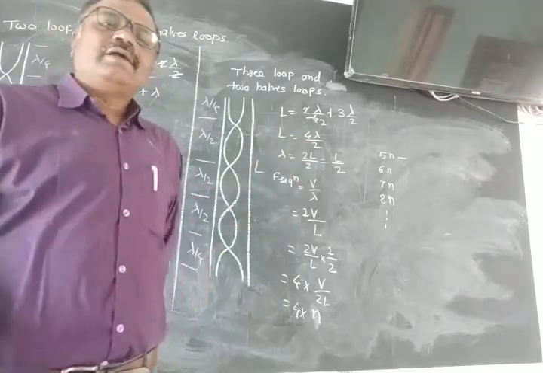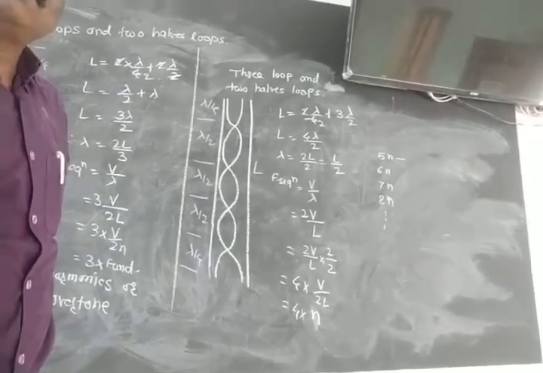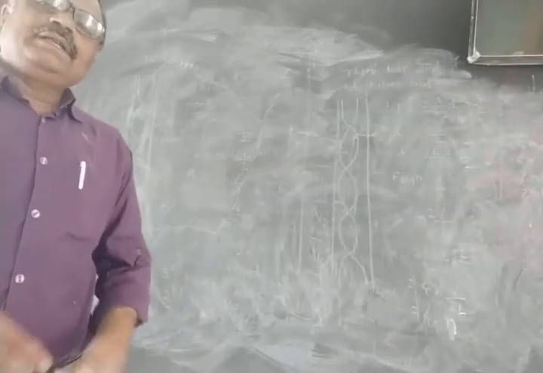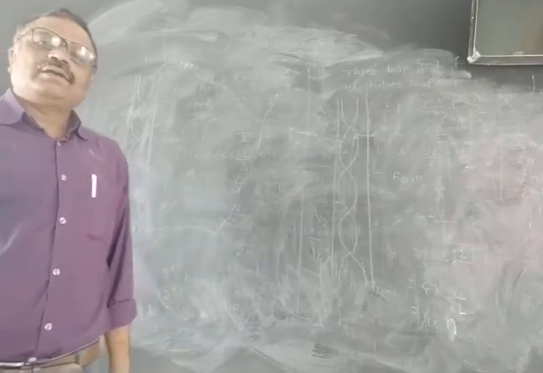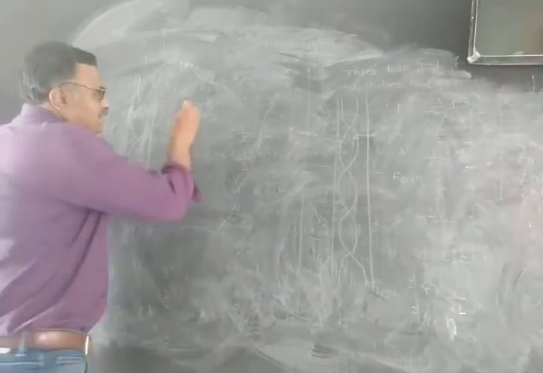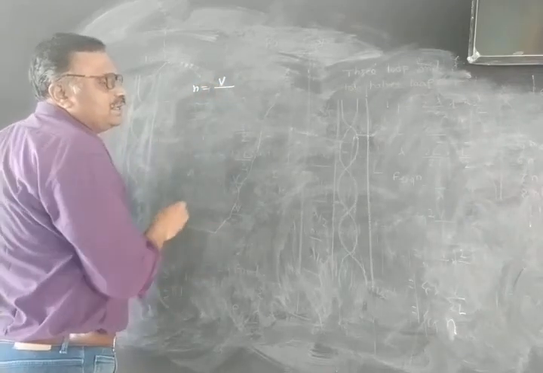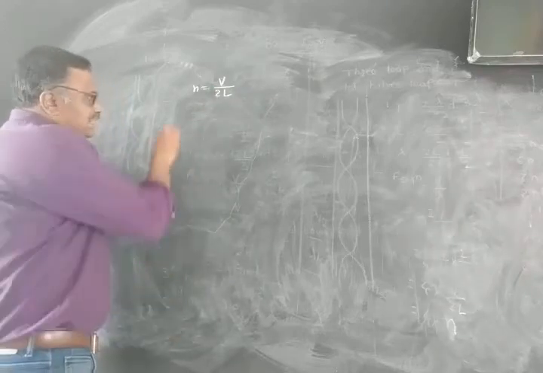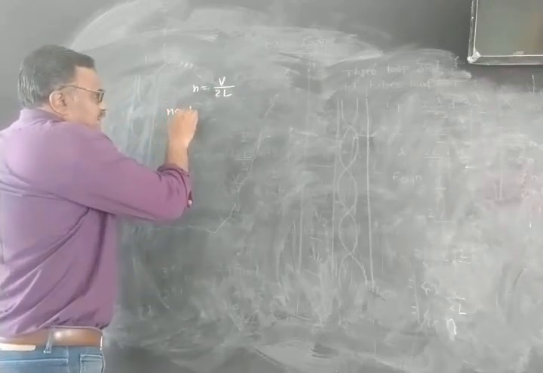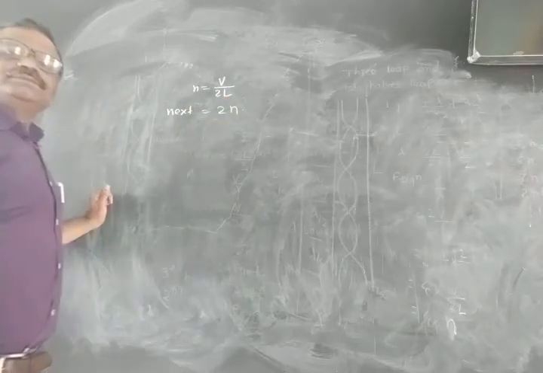In case of a pipe open at both ends, we observe fundamental frequency is given by V upon twice L. Next higher frequency is equal to 2 times fundamental frequency.